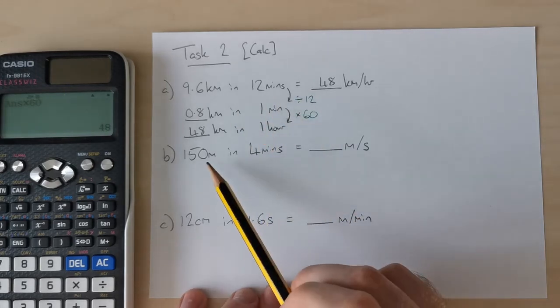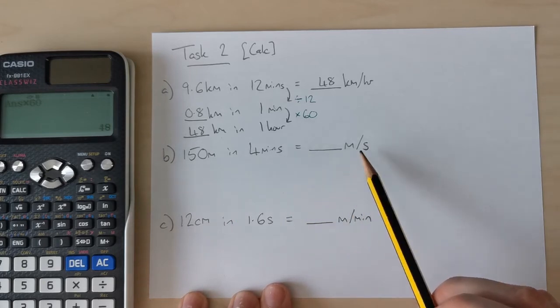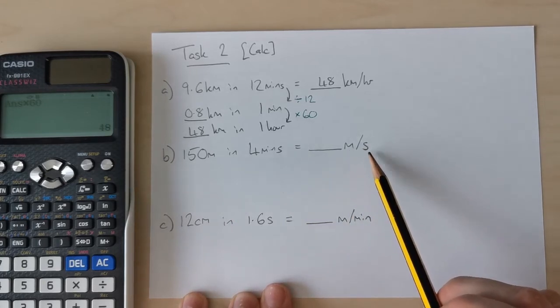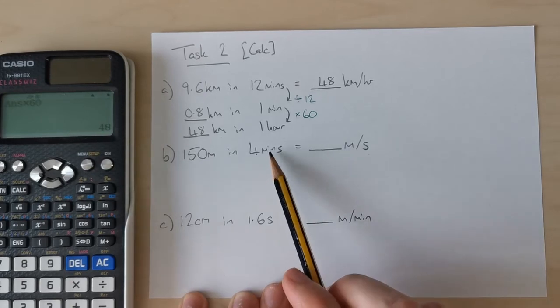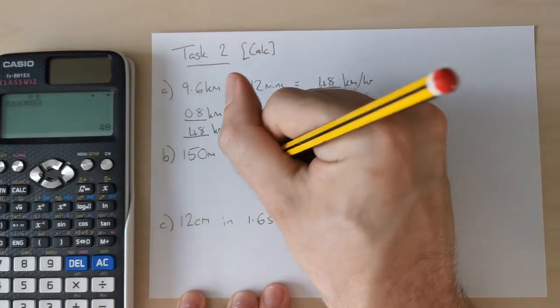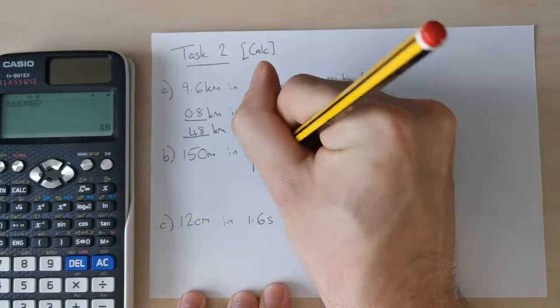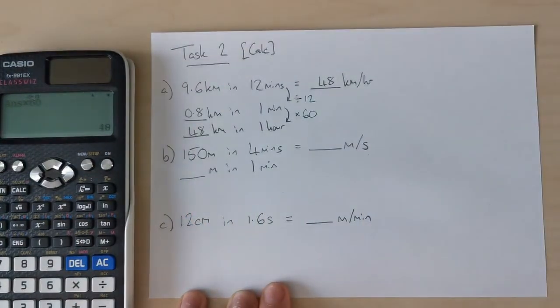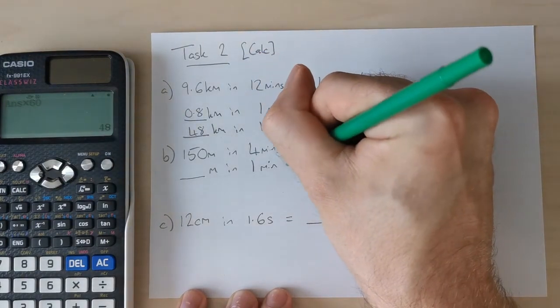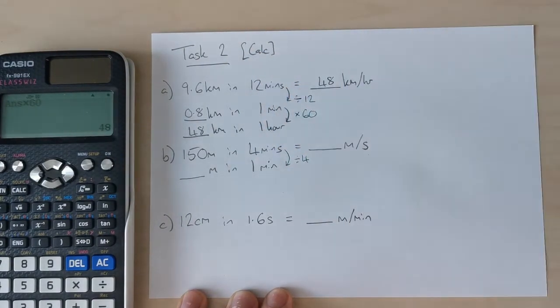Okay, Part B, 150 meters in 4 minutes. We want our answer in meters per second. So what we can do first, let's turn these 4 minutes into 1 minute. So how do I go from 4 minutes to 1 minute? We can divide by 4.